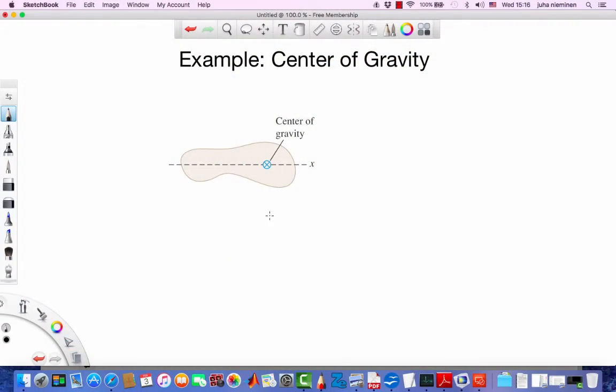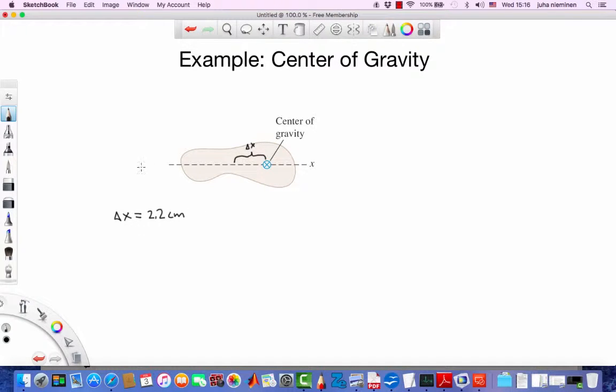Here we have an irregularly shaped object where we know the center of gravity lies. We would like to move its location to the left by delta x, and let's say delta x should be 2.2 centimeters, for example.